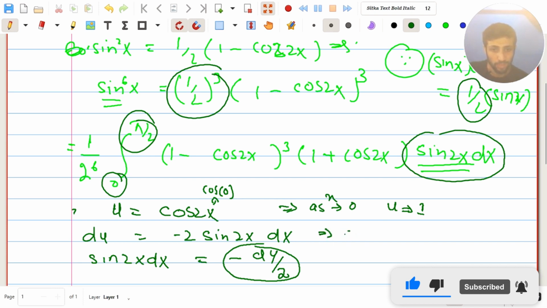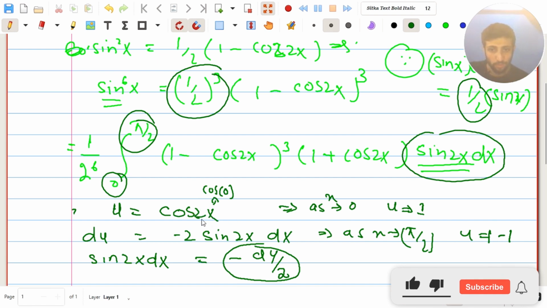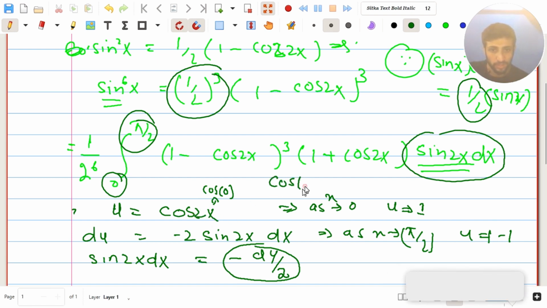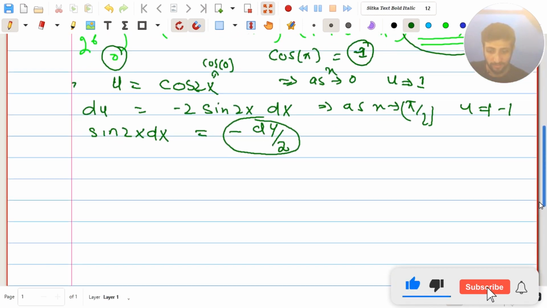As x approaches pi over 2, my u approaches minus 1. Plug in the value pi over 2 here, you will get cos pi, and cos pi is equal to minus 1.